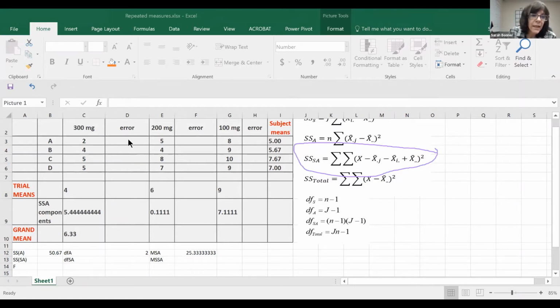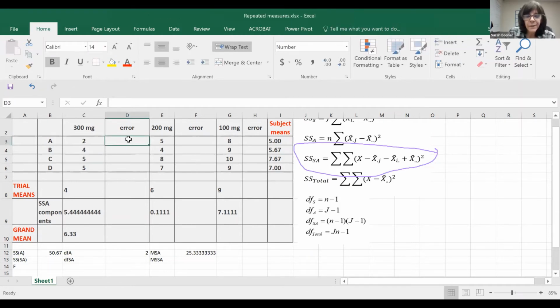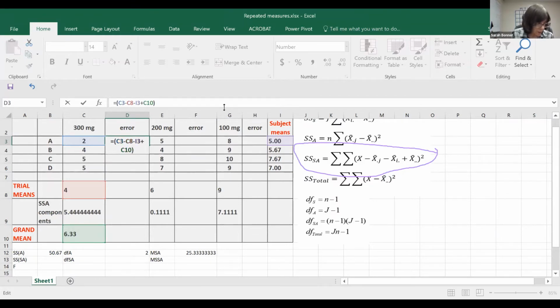And so to get that, for each cell we need the cell value minus the mean for their column minus the mean for them as an individual plus the grand mean, and we're going to square that term.